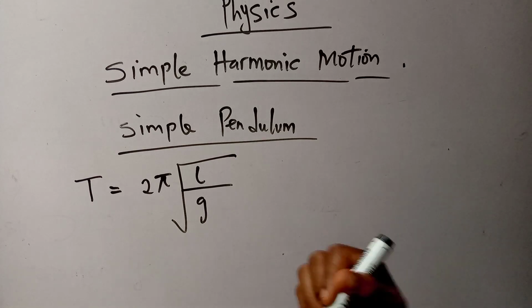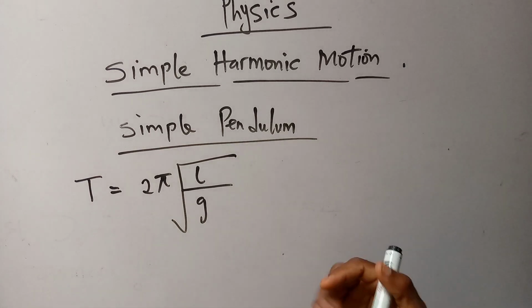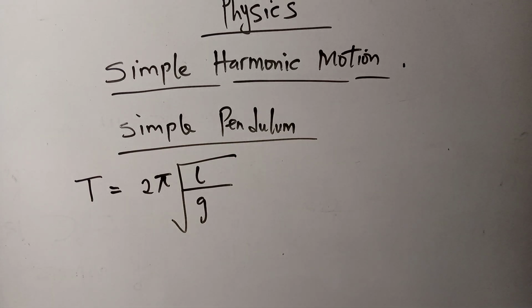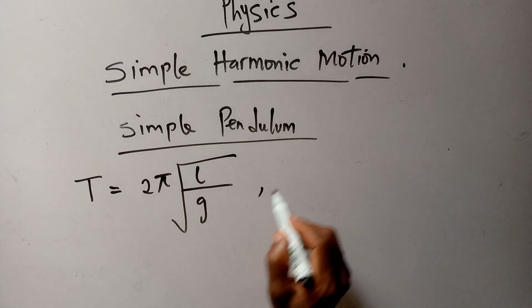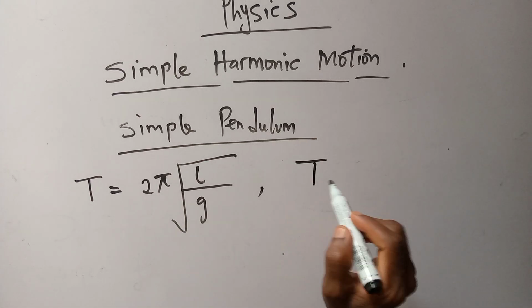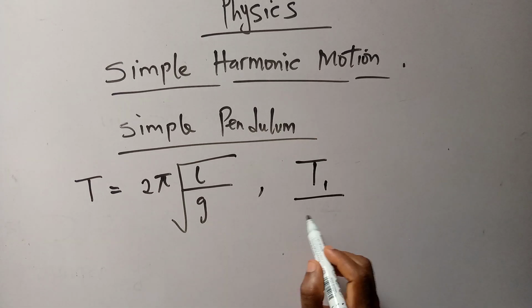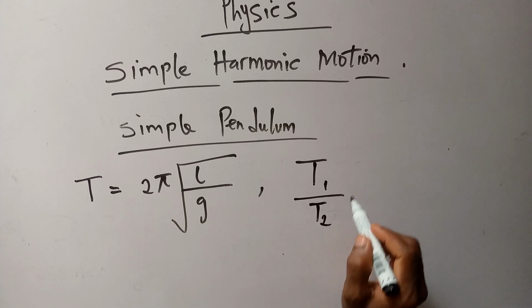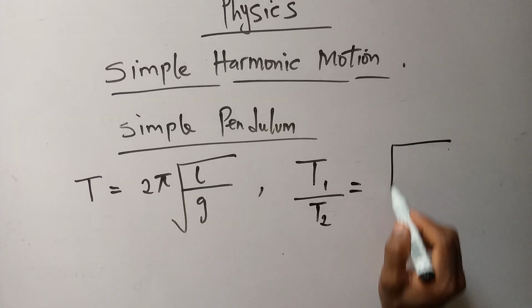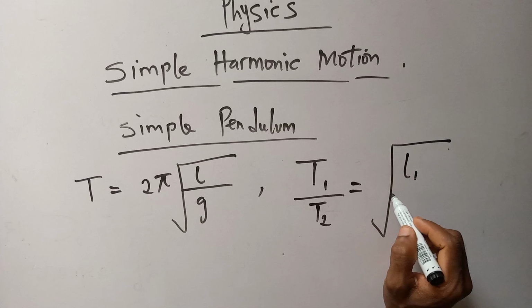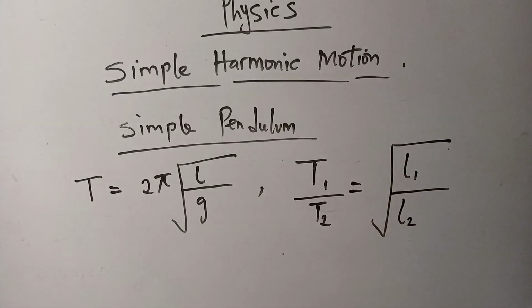Now, when two simple pendulums are being experimented with simultaneously, the periods can be compared using the formula T1 over T2 equal to the square root of L1 over L2.